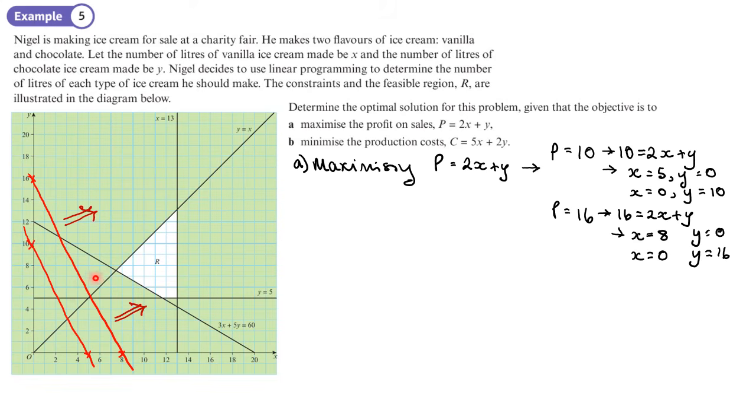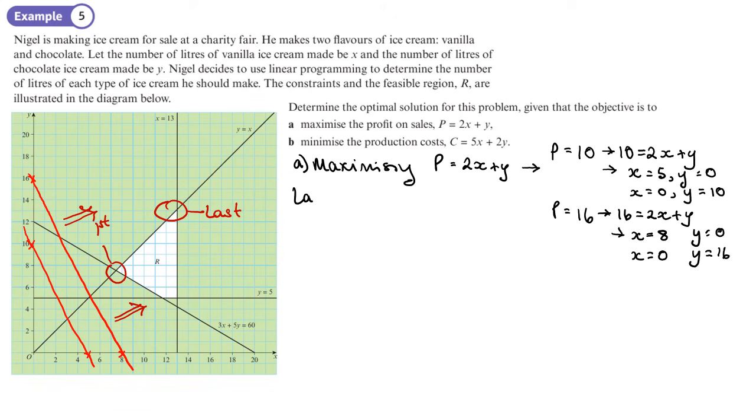Now, if we use this method, what I would find is that this would be the first vertex that I get to. Imagine the ruler's parallel to this, I'm moving this way, and then this would be the last vertex that I get to. Since I am maximizing the profit, I want the last vertex, which will be this here.